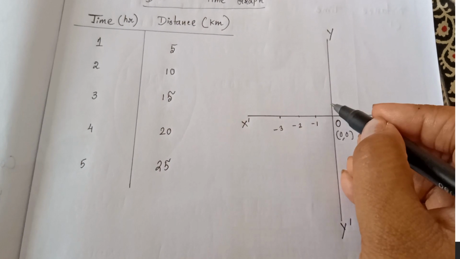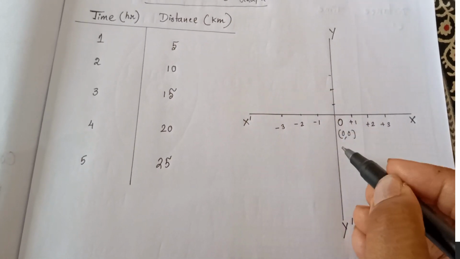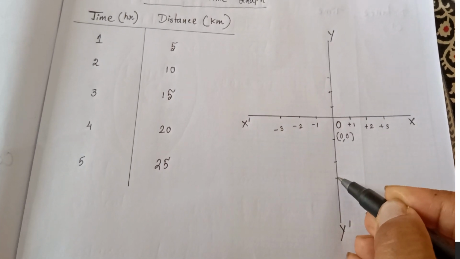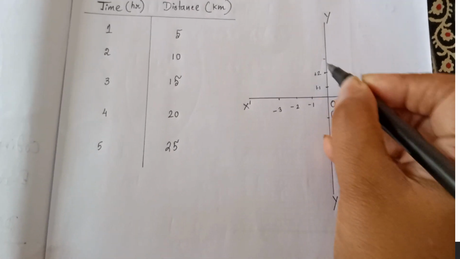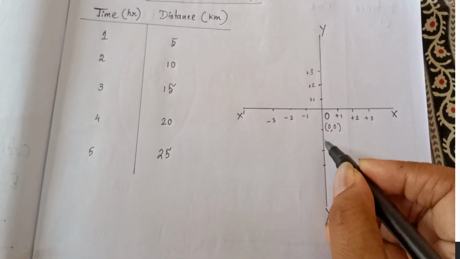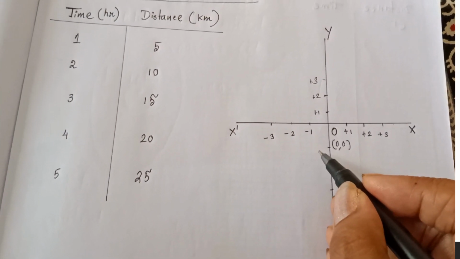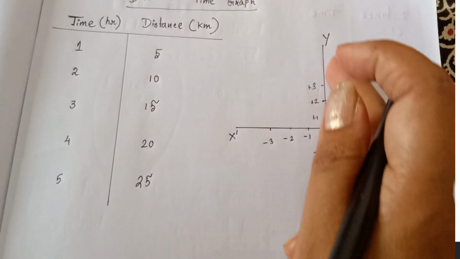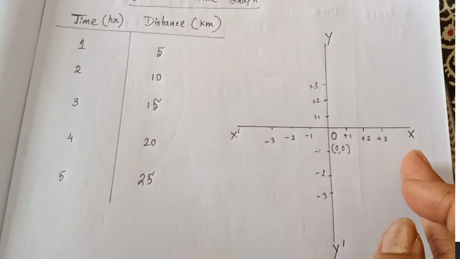Similarly on the y-axis this is the positive part, +1, +2, +3 and this is the negative side, -1, -2, -3. Whenever we draw a distance time graph, we have to deal with the positive parts only. Distance and time both we will get only in positive values. So we can draw only this part to draw our distance time graph.